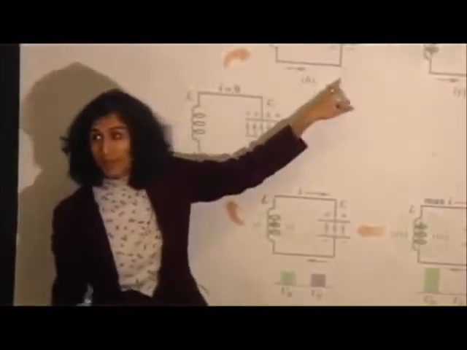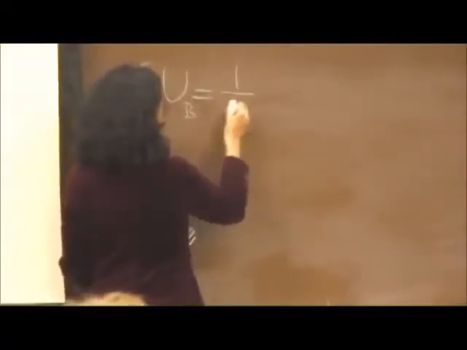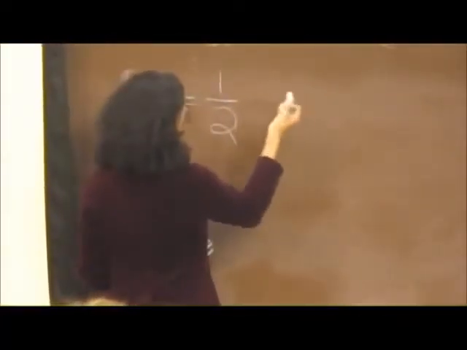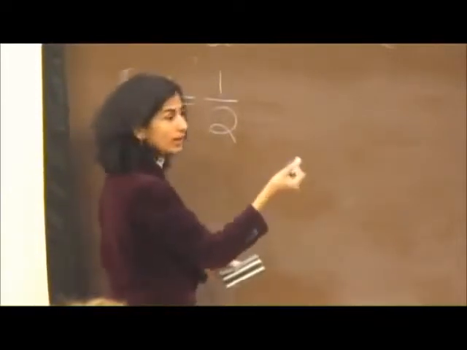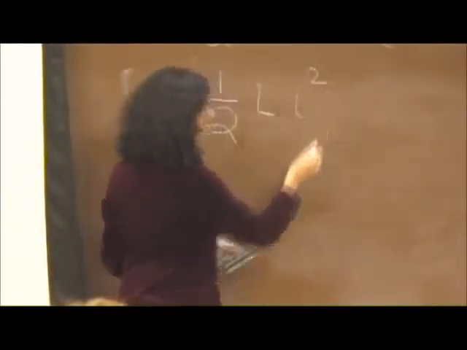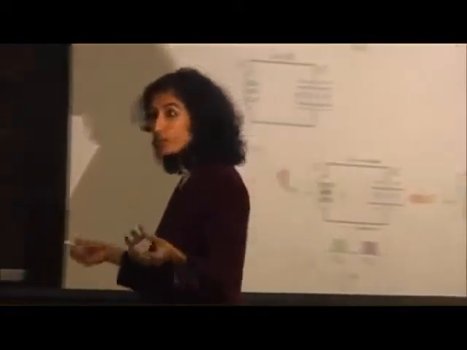As the current starts flowing, is there an energy stored in the magnetic field inside of the inductor? Yeah, we learned that it's half what? L I square. Remember we learned today that the energy stored in the inductor will be half L I square.